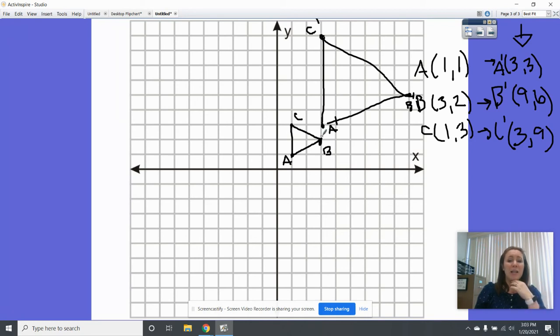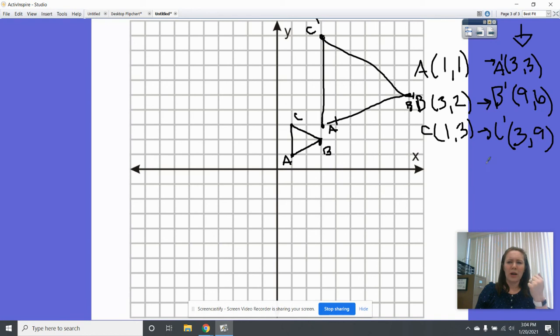If I dilate by a small scale factor, by a decimal or a fraction, it's going to make everything smaller. So for example, if I started with this and I said, let's dilate by a scale factor of 1/2, well, instead of multiplying by 3 like I did over here, I would multiply everything by 1/2. So I'd end up with 1/2, 1/2, and 1.5, 1, and 1/2, 1.5.